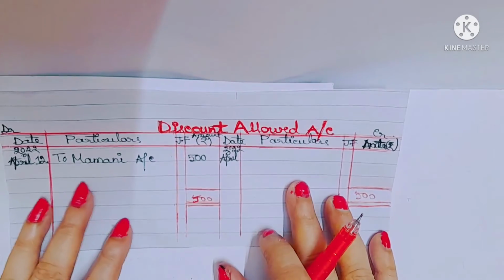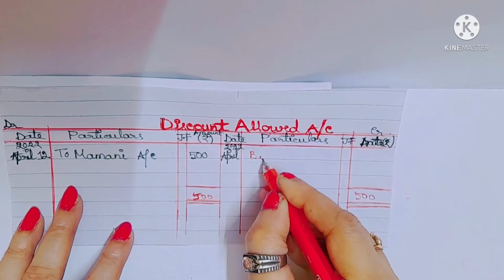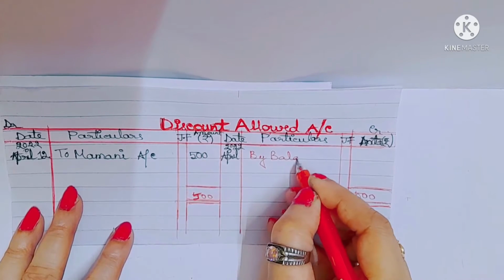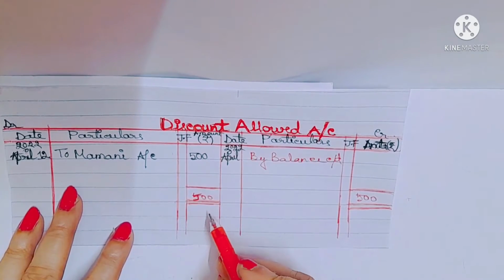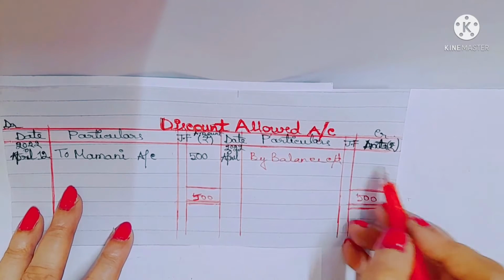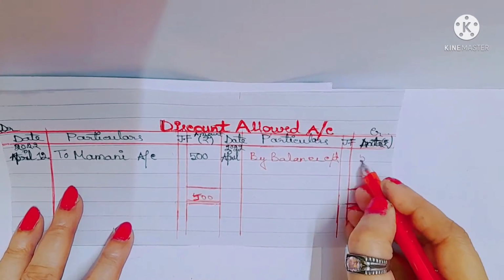So where is the shortfall? The shortfall is on the credit side. So we'll write by balance CD. How much? The total on the debit side is 500. So 500 minus 0, nothing has been written, is 500.